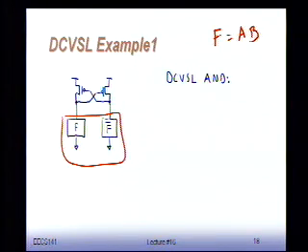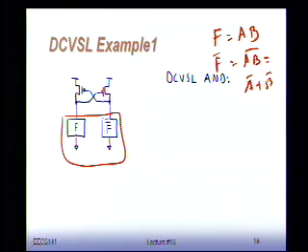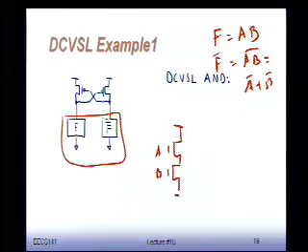In order to have a pull-down network that does AB, I have to have the network and the network invert. So the second function is AB bar, and that's going to be A bar plus B bar. So if I now do this, in one network I have AB, the function I'm going to get here is AB, or this output is going to be AB bar, obviously because it's inverting.